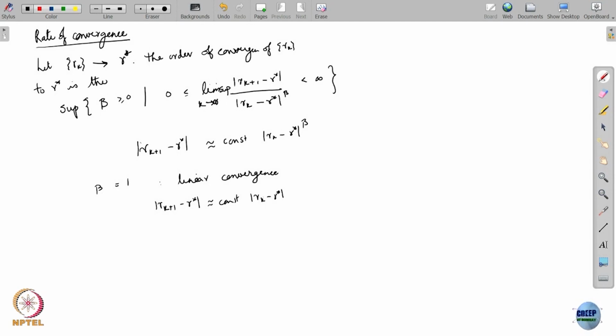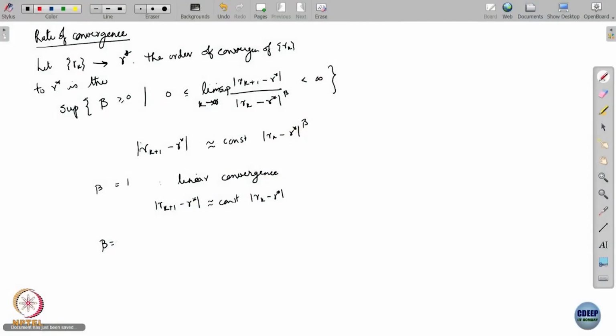Of course, because this is convergence, eventually R k minus R star will decrease to 0, as will R k plus 1 minus R star. But what we are asking is how much progress have we made in the new iteration relative to where we were in the previous iteration, and that is what is being captured by the rate of convergence.